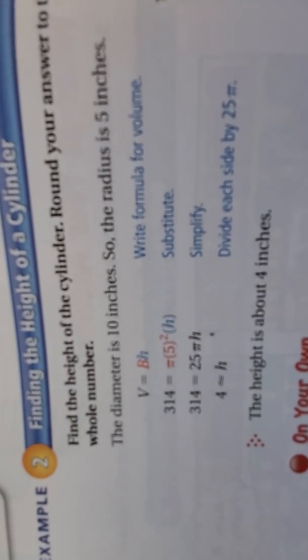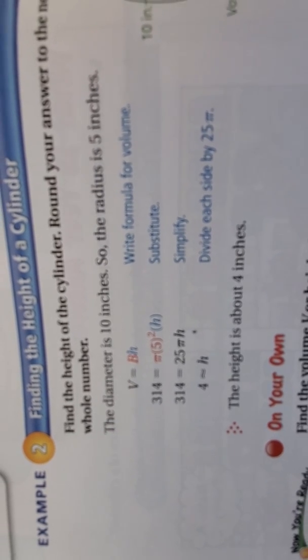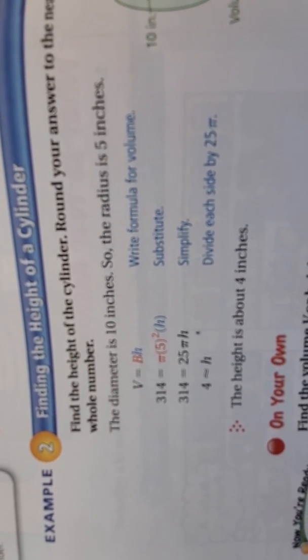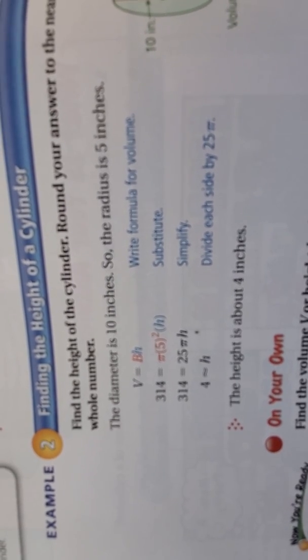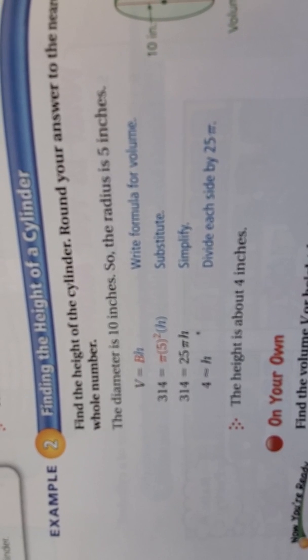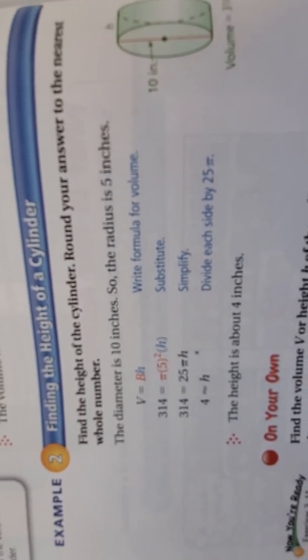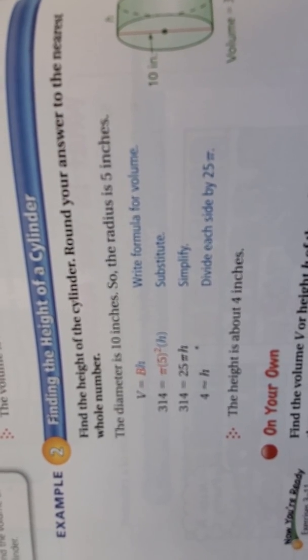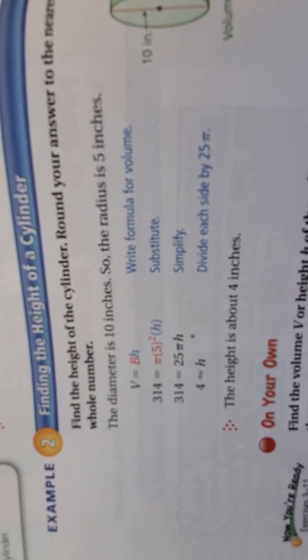So my work here has me writing down V equals B times H. I'm going to plug in 314 for V. I know the volume is 314. I know that capital B becomes pi times r squared. So I write down pi, and then instead of 10, remember I'm not using the 10, I'm using 5 as the radius. Pi times 5 squared times h.